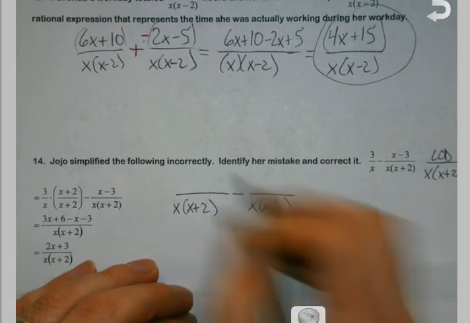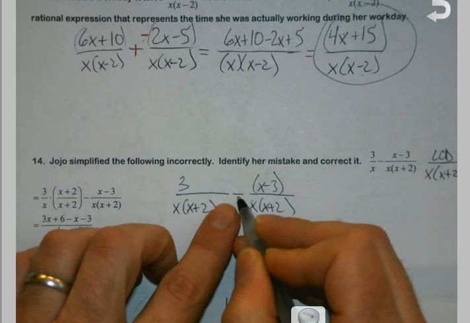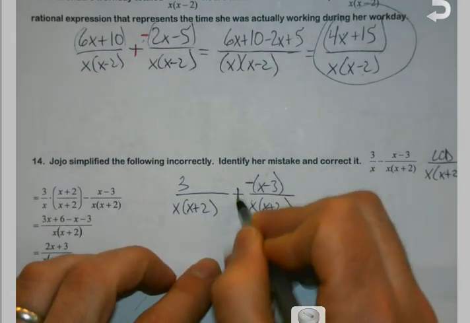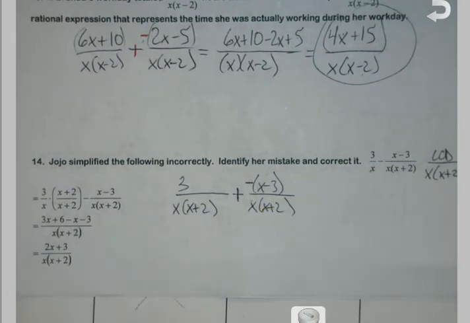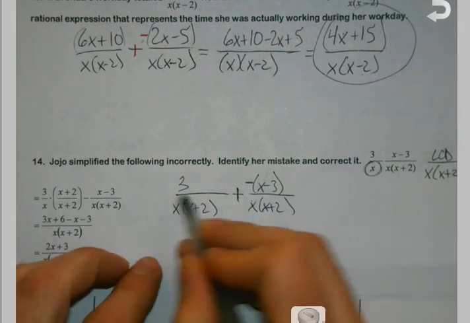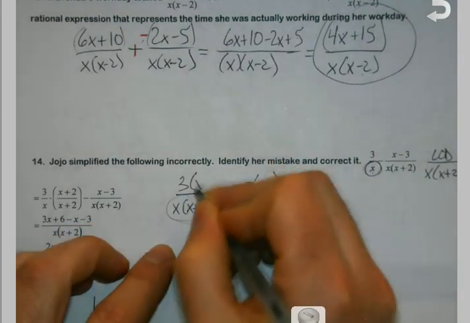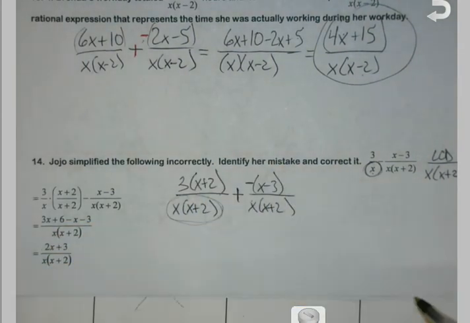What was Jojo's issue? And again, that minus, move it up, change it to plus. And now we're in builder mode. So I look and I say, okay, I started with x. I want to get to x times x plus 2. I already have the x. I need the x plus 2.